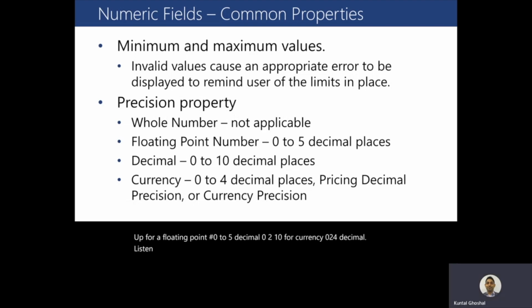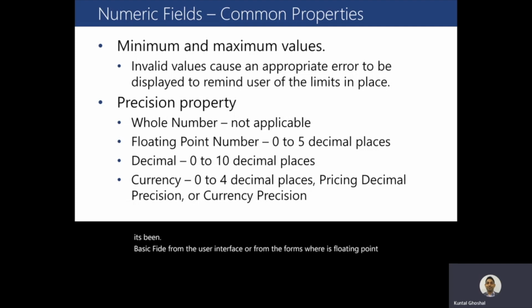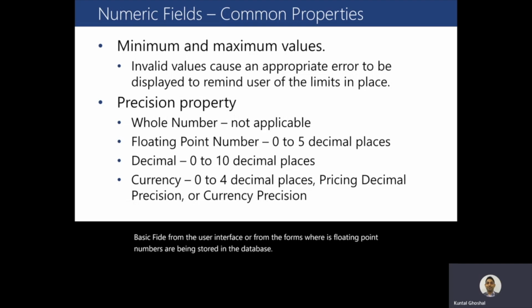Now, talking about numeric, there is a very interesting concept: when to choose a decimal or when to choose a floating point number. Decimal numbers are stored in the database exactly as specified from the user interface or from the forms, whereas floating point numbers are stored in the database as an extremely close approximation of the value.